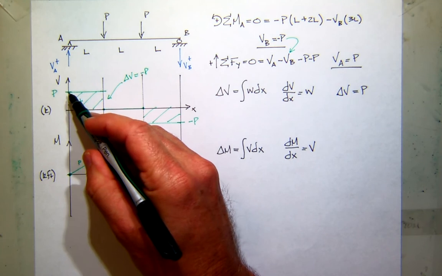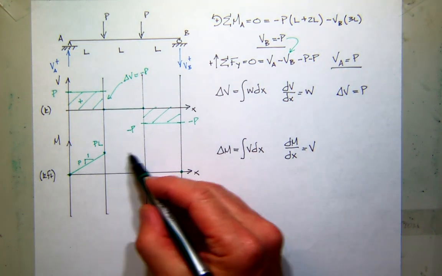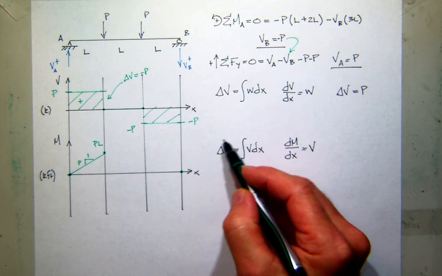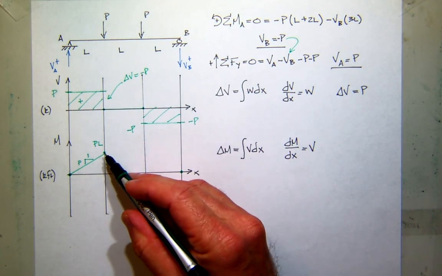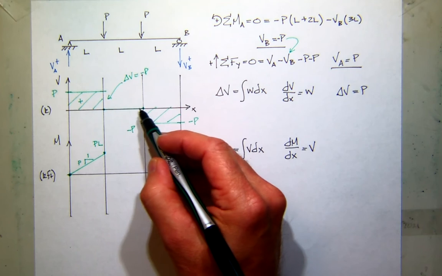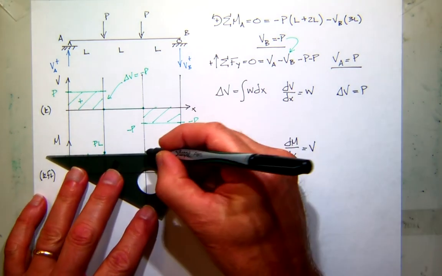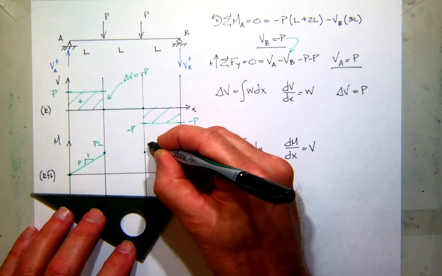Because the shear diagram tells you the value of the slope. It's P. And it's constant. So now we'll go from L to 2L. The change in moment from here to here is the area of the shear diagram. What is the area of the shear diagram from L to 2L? 0. So PL plus 0 is PL.